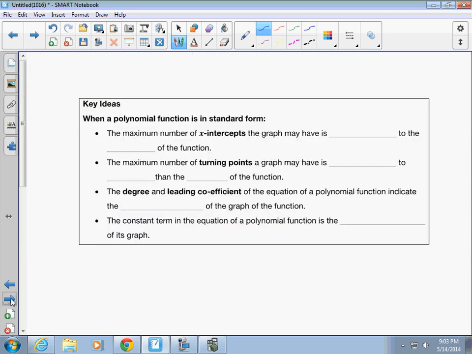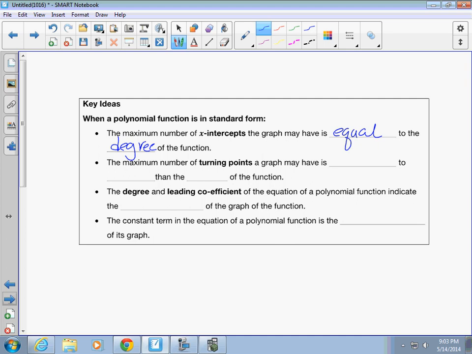Okay, so just a little refresher, reminder, review. So the key ideas when a polynomial function is in standard form, the maximum number of x-intercepts the graph may have is equal to the degree of the function. So if I have a degree of 2, then the most x-intercepts I can have is 2.